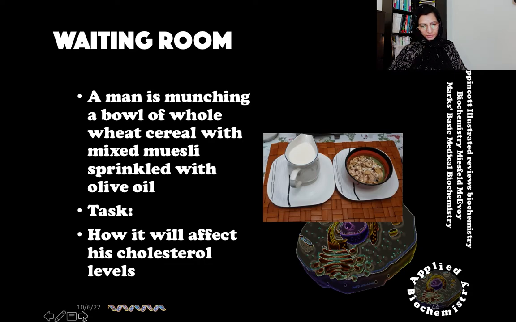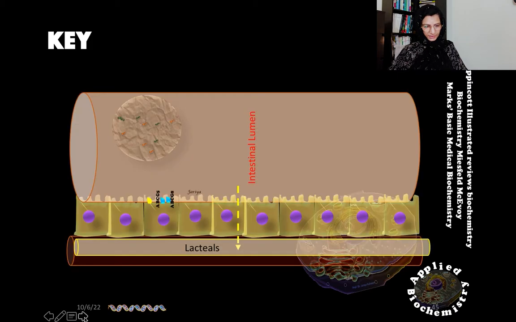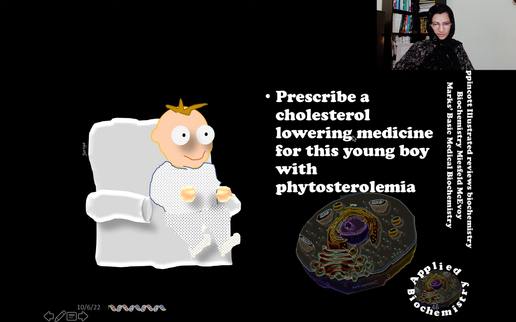So the phytosterols present in these cereals are going to bind the cholesterol, and these are going to cause efflux of the cholesterol from the enterocyte back into the intestinal lumen. So here you can see that cholesterol entered the enterocyte. Now these are back into the intestinal lumen.